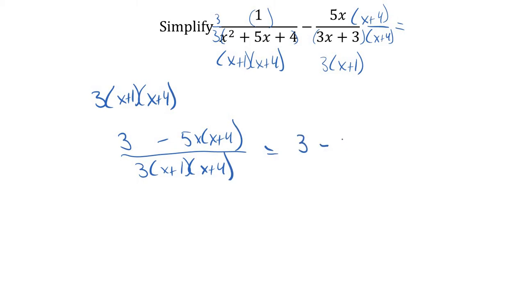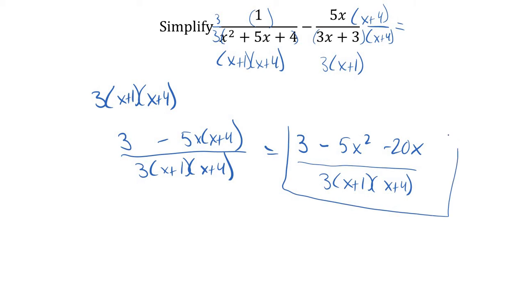So I get 3 minus 5x squared minus 20x, right? All over 3 times x plus 1 times x plus 4. And again, it doesn't look like there's anything I could simplify. I could rearrange the top a little, I guess, but I would just go ahead and leave it like that at this point.